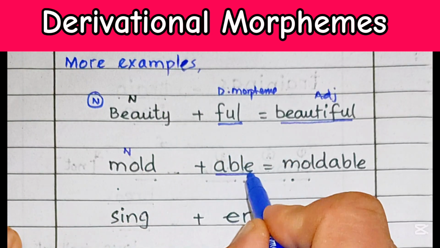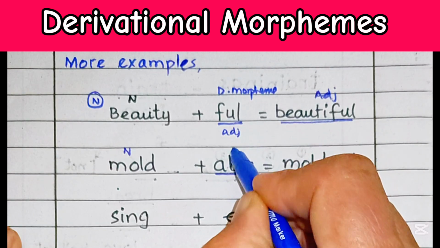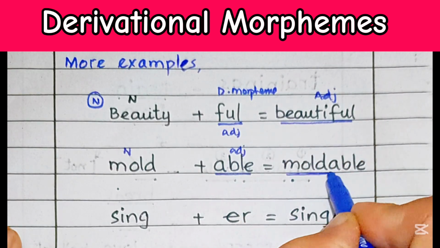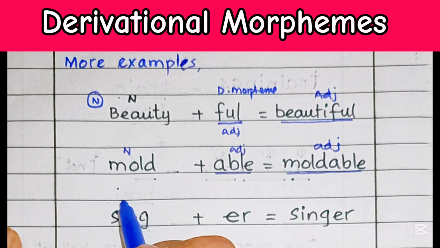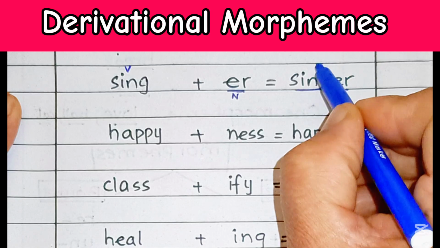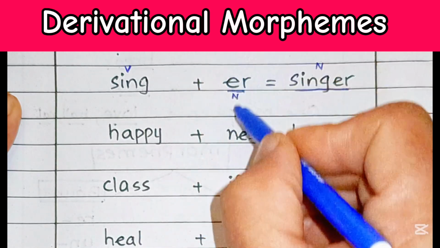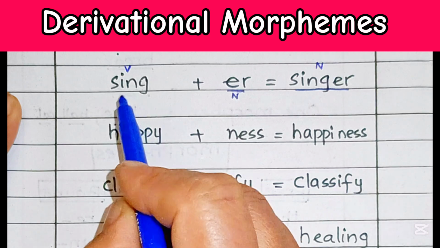Once we add able, which is also an adjective, it becomes moldable, which is an adjective. Sing is a verb. We add the derivational morpheme er, and it becomes singer, which is a noun. This is a list of derivational morphemes up till here.